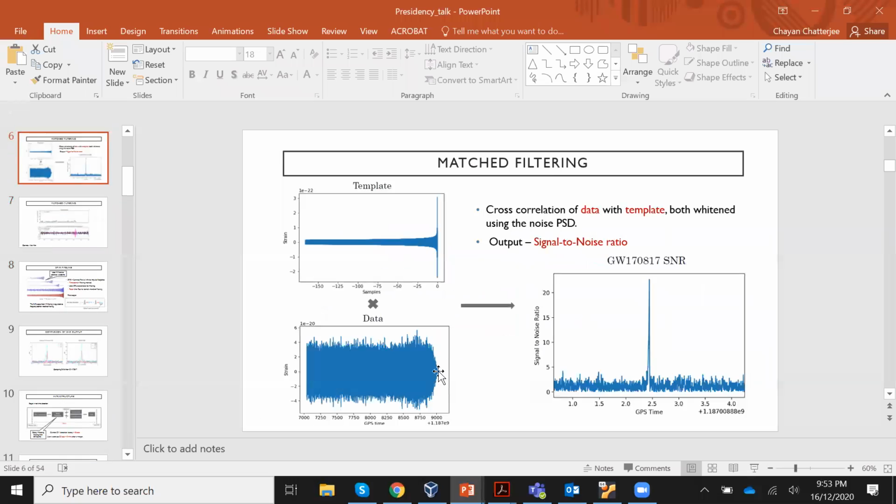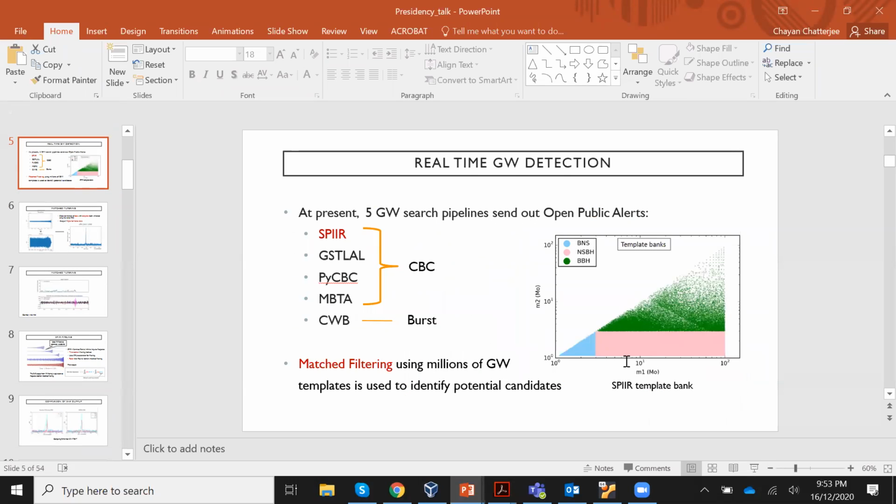Well, that depends on the template bank actually. If you consider the template bank that SPIIR has right now, we do not consider very high masses, because it depends on the sensitivity of the detectors. As the sensitivity improves, as we lower the frequency threshold, we will increase our chances of observing these very low frequency gravitational waves.